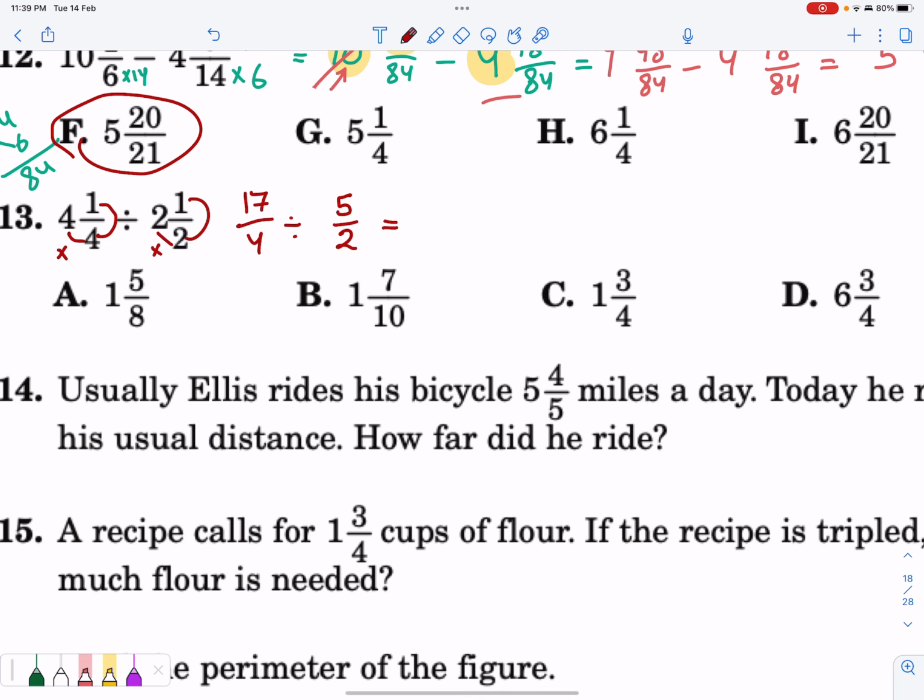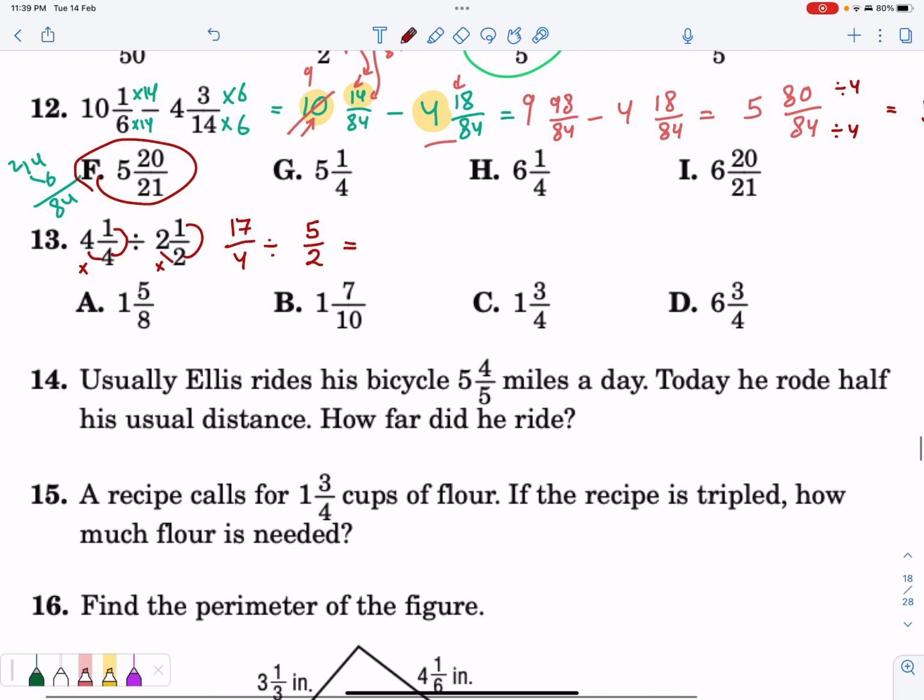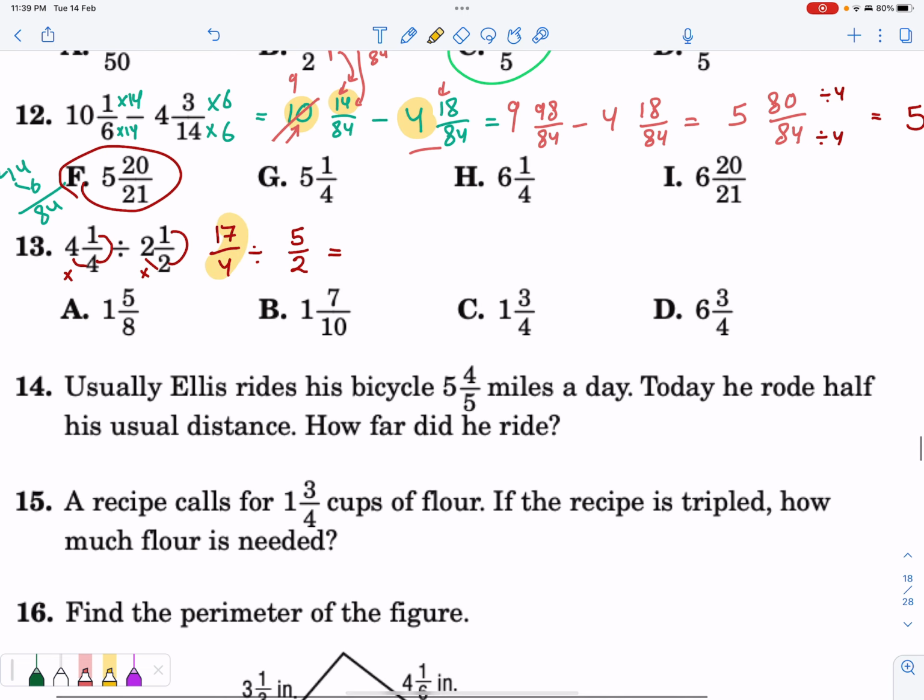Now do you remember the rule for the division? We keep the first fraction, so I will keep 17 over 4. We convert the division sign to a multiplication sign, and we flip the second fraction, so we will write it as 2 over 5.